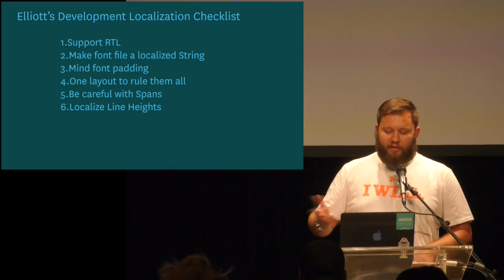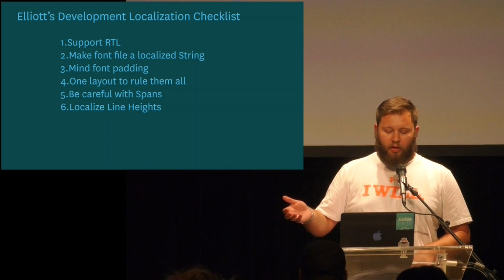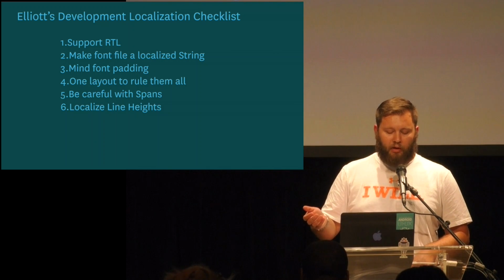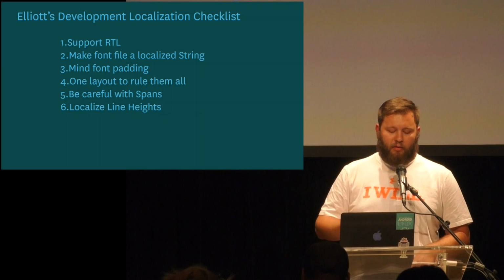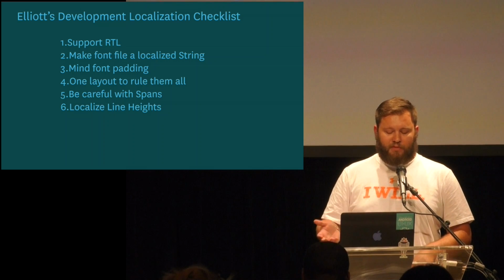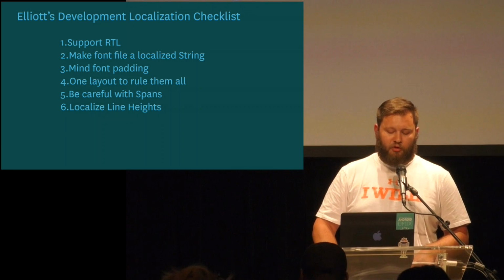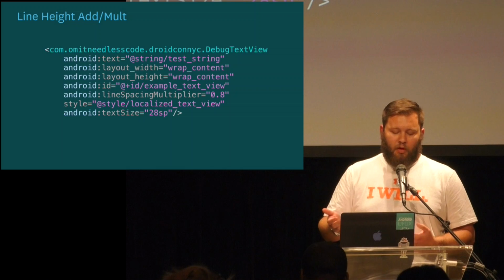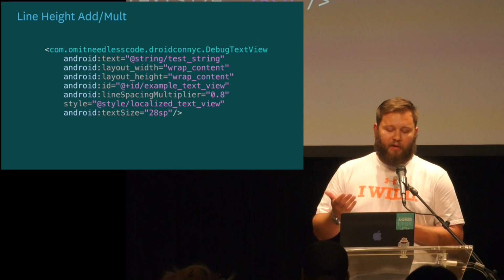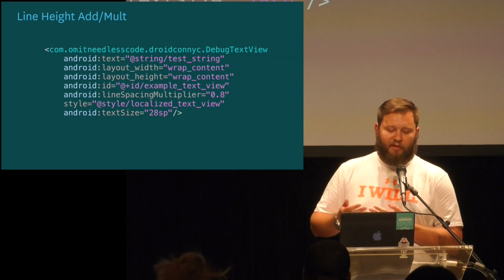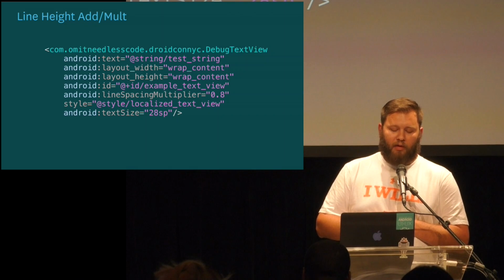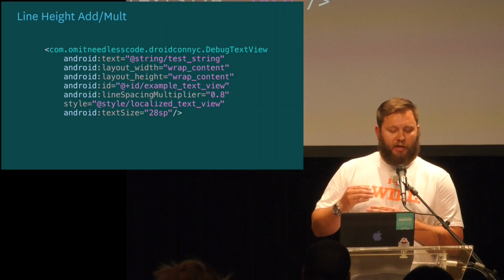The last one is what I talked about a little bit in regards to the clipping and font issues we had with font padding, but it's more specific to actual line height and the addition and multiplication for line heights. Let's say there's an instance where a designer, and I've had this experience a couple months ago, wanted the leading for text to be much tighter together.